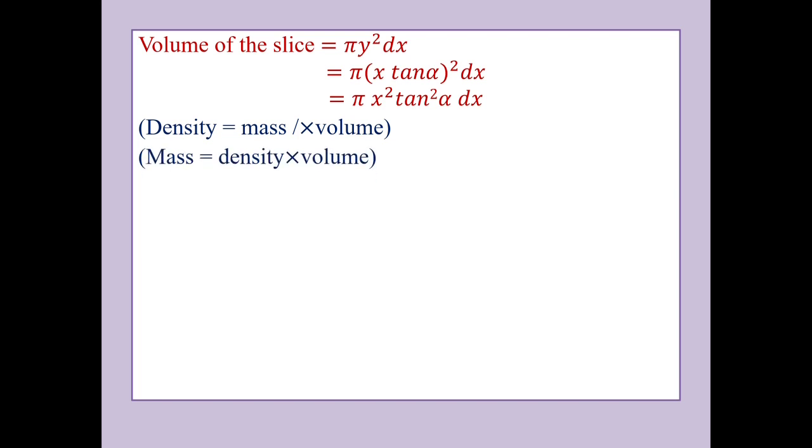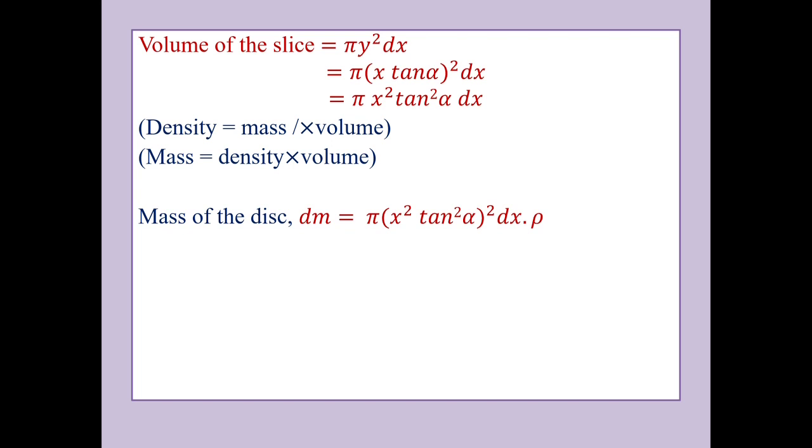Then we need to find the mass. To know the mass, we are making use of density is equal to mass by volume. A product sign has been mistakenly typed here. So the density is equal to mass divided by volume. From that we can easily find the mass. So mass is equal to density into the volume.